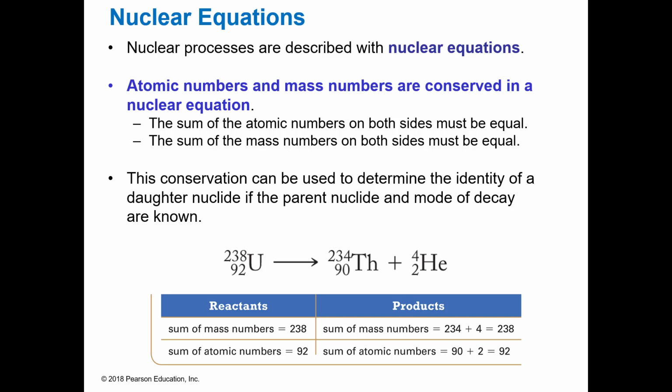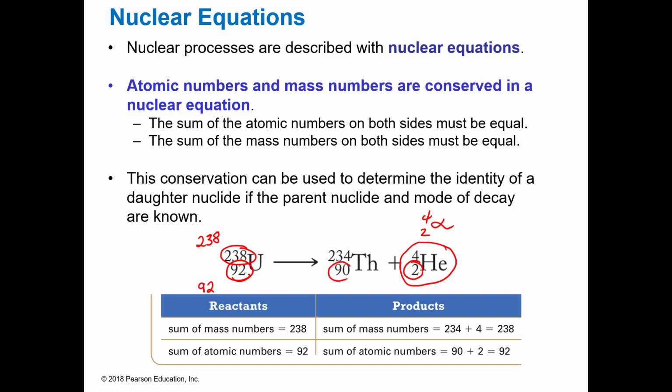The example here is that you have 238 mass number and 92 atomic number on the bottom. You are emitting a helium, otherwise known as an alpha particle. You could write that either way. Since we're doing that, we have two of the atomic numbers already.